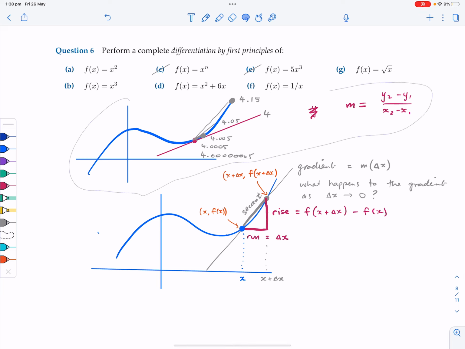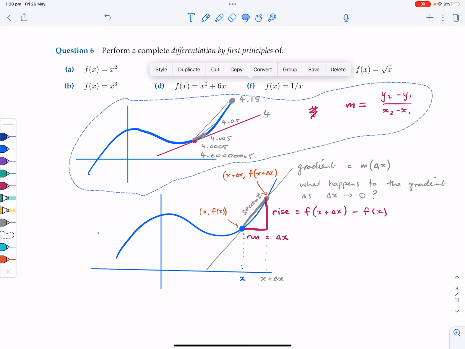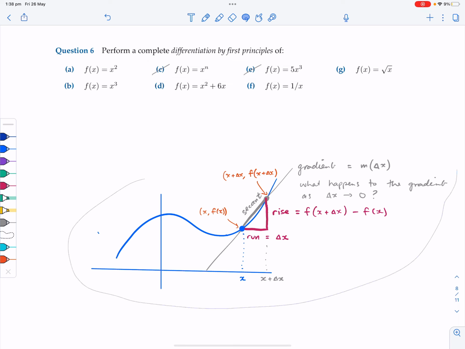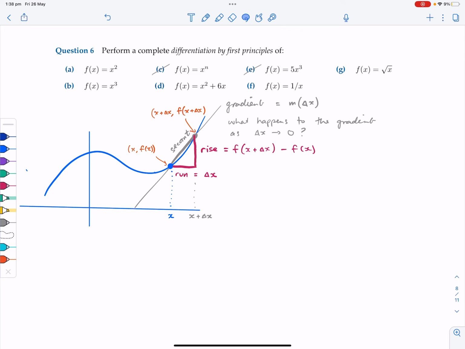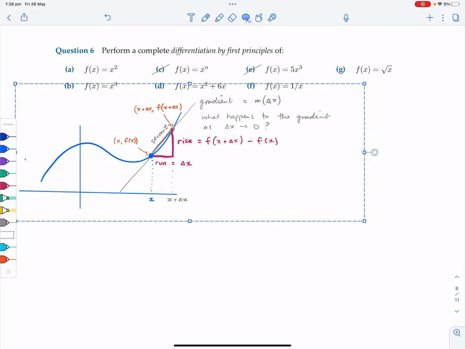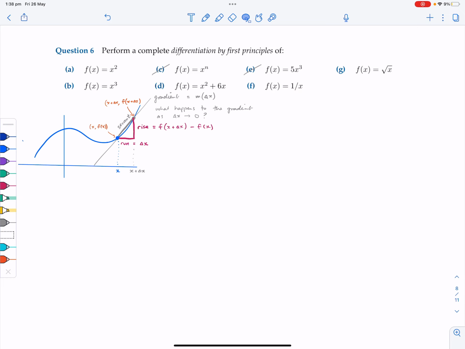And I'm just going to remove all of this, and move all of this. In fact, I think I'll shrink it as well. Okay, and so the gradient of the secant m as a function of delta x is simply y2 minus y1, or the rise over the run, right?